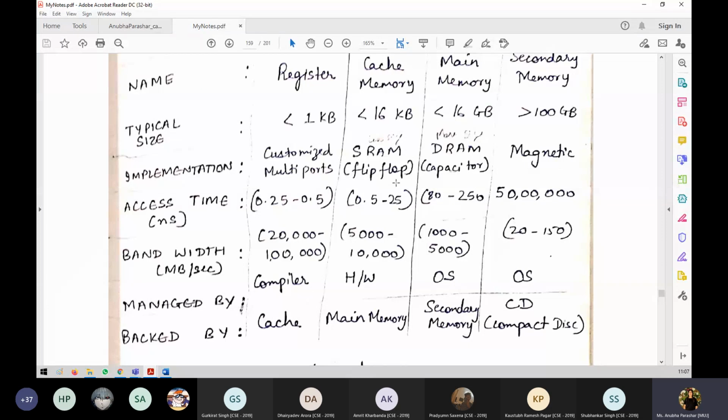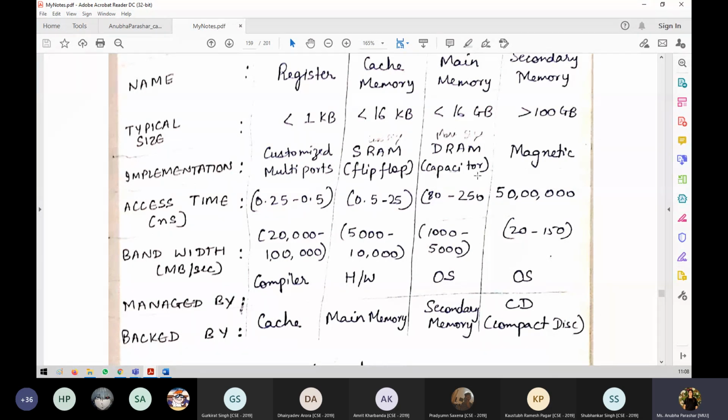Cache memory is generally known as static RAM. Main memory is dynamic RAM. Why is it dynamic? Because whenever there is an execution request from the CPU, it will either fetch directly from register or generate the request to main memory. That is why it is known as dynamic also.